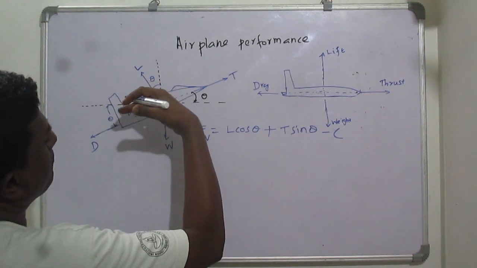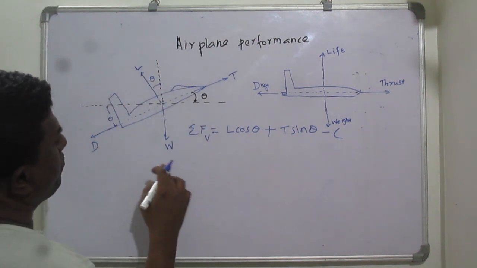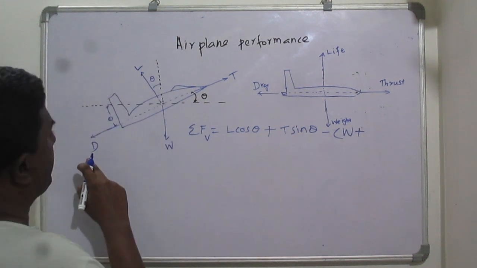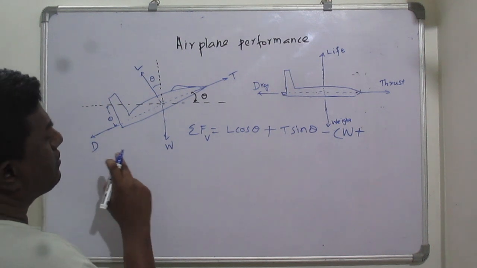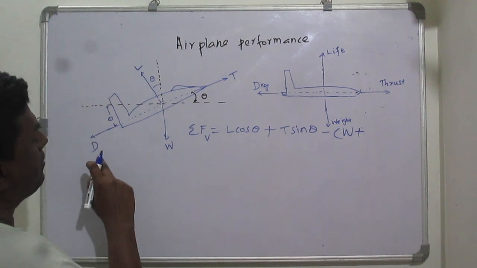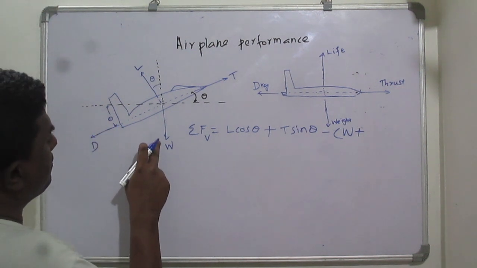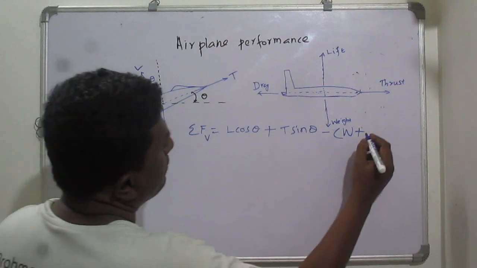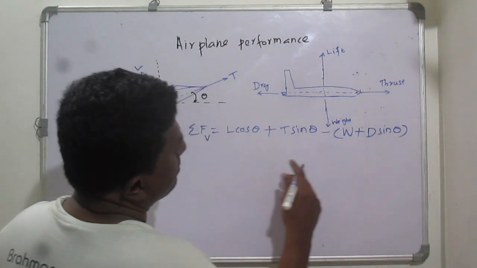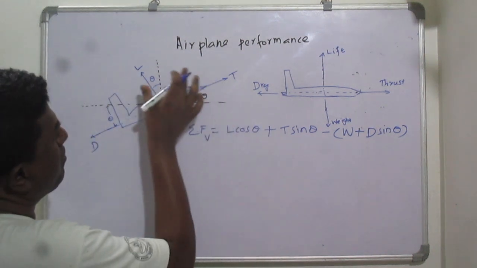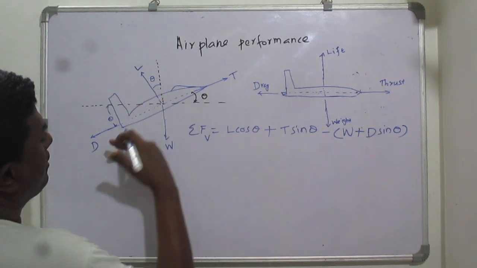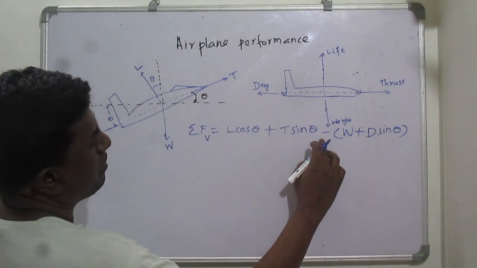Below the reference line we have the other two forces, that is W plus the drag. Drag is also subjected to the angle theta, so in the vertical direction it will be drag into sin theta. These two components are on one side, that is why positive, and these two components are on the other side, that is why we have taken the common negative.